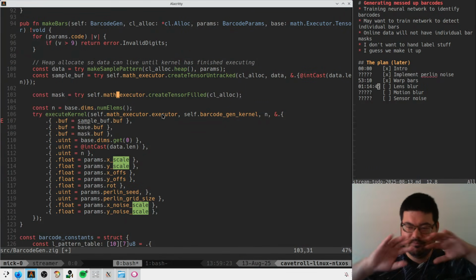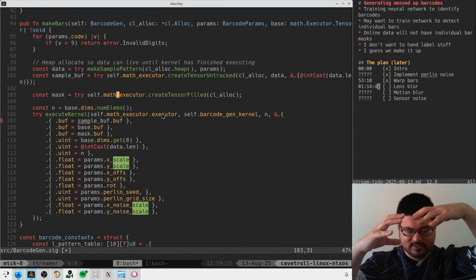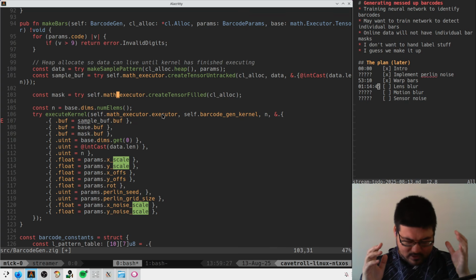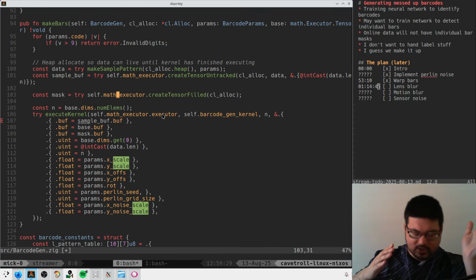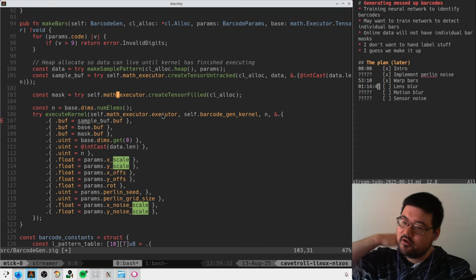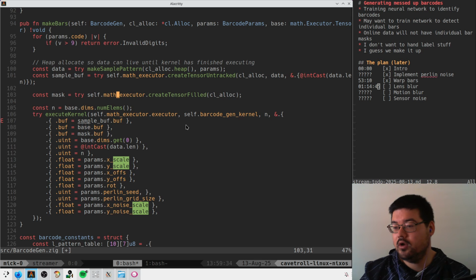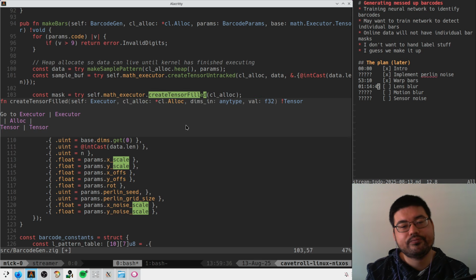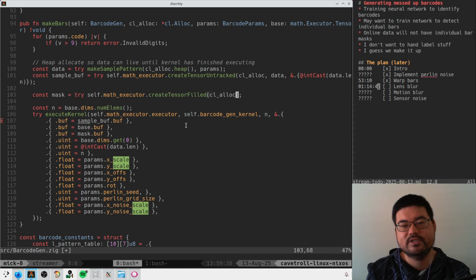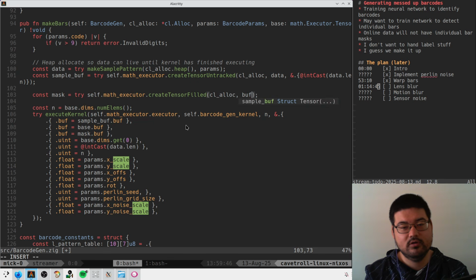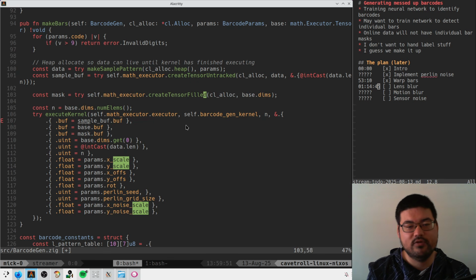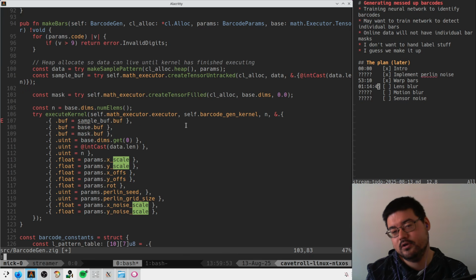Lens blur is each pixel gets a surrounding area, and motion blur is where you get a streak in one direction. Okay, so the dimensions of this thing are just gonna match the base dims of our buff, and we're gonna fill this with zeros.